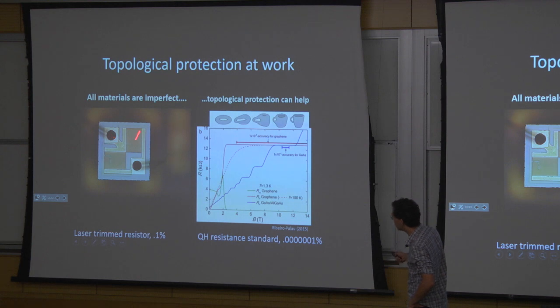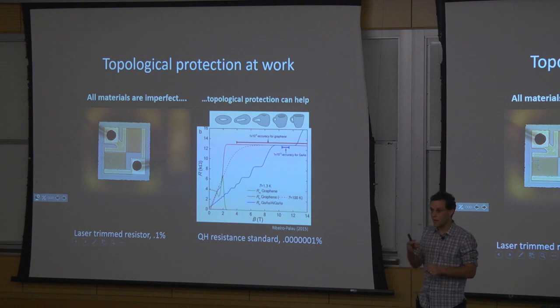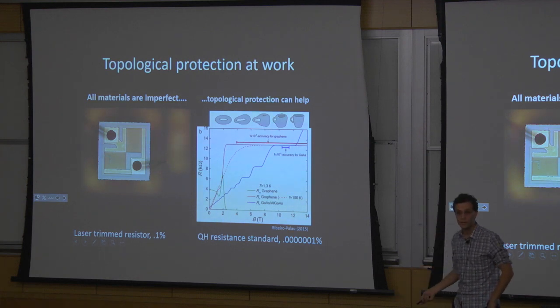You're going to see that it's a metal film, and there are these thinner parts, that's the orange. And you'll see that somebody went in with a laser and cut it. The way they did this is that they were measuring the resistance, and they went in with a laser, and they cut it until the resistance matched what they wanted it to match. And with that, you can get something on the order of a part in 10,000 accuracy.